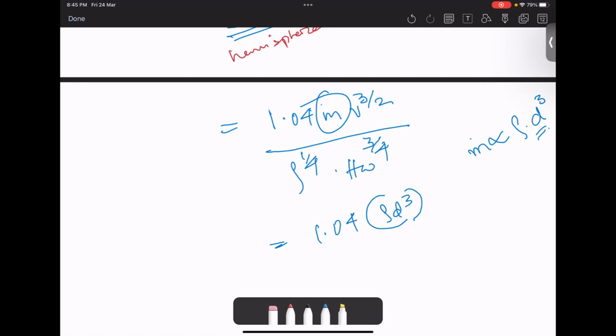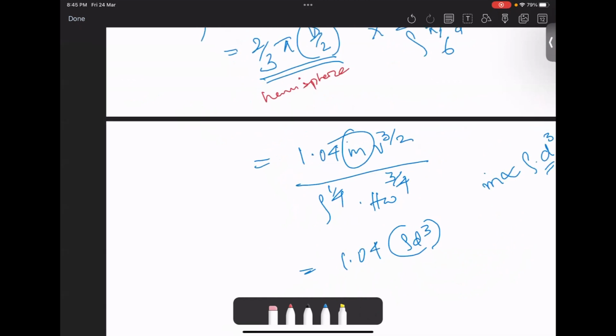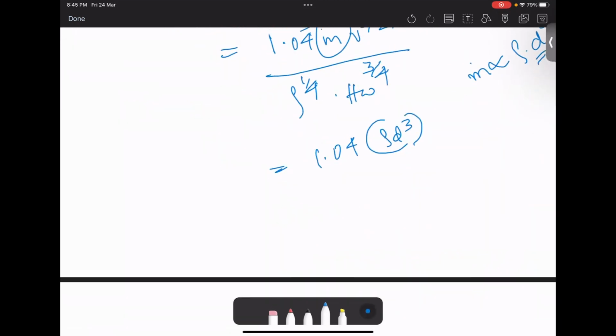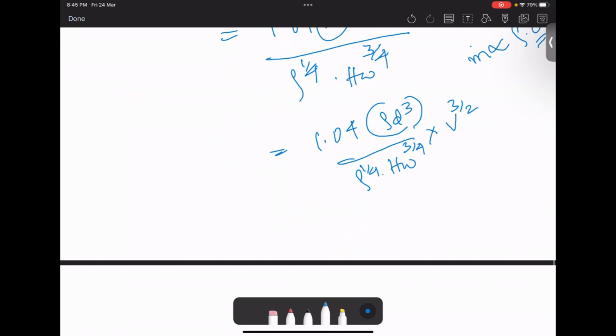Okay, so in that case, with the other things remaining the same, you can see that Q is actually proportional to the cube of abrasive dia.